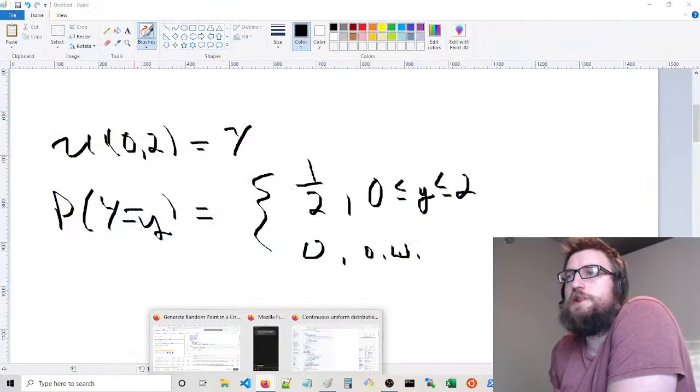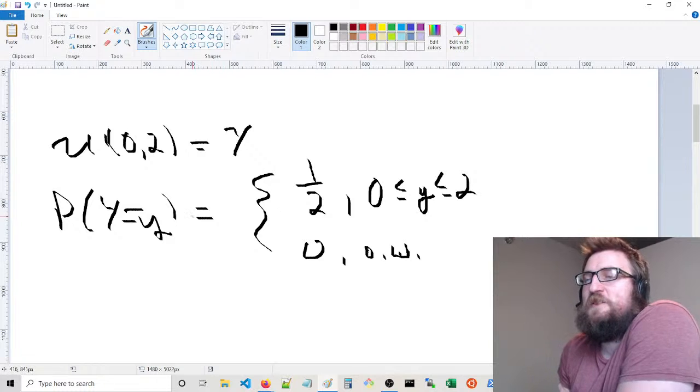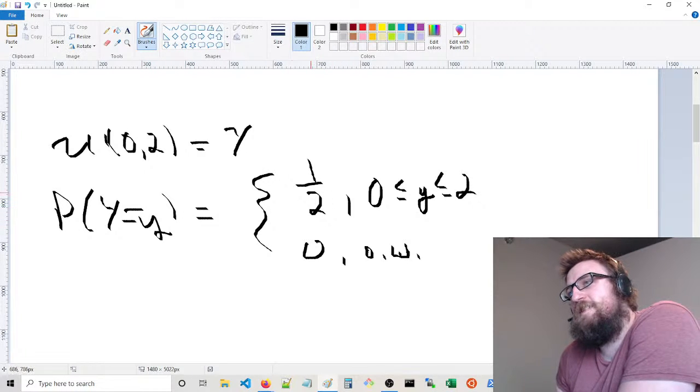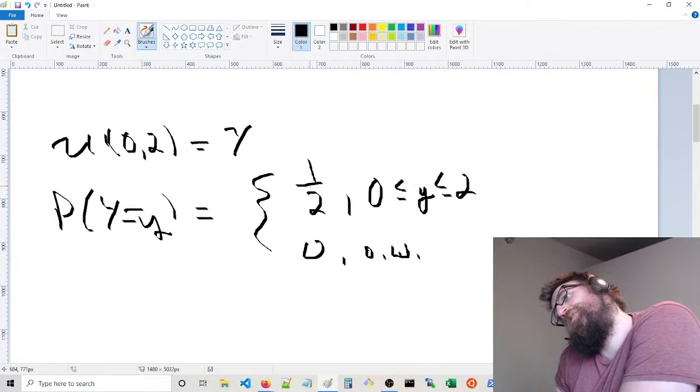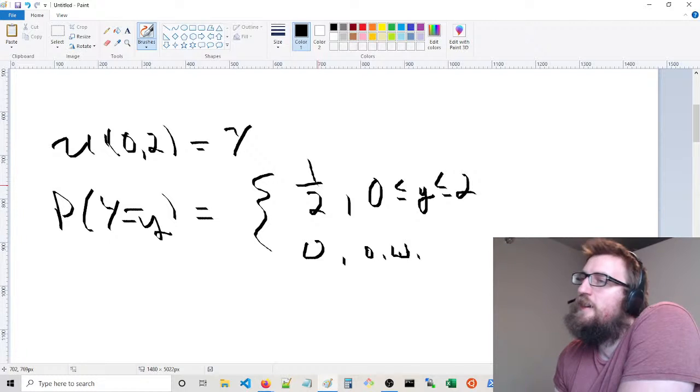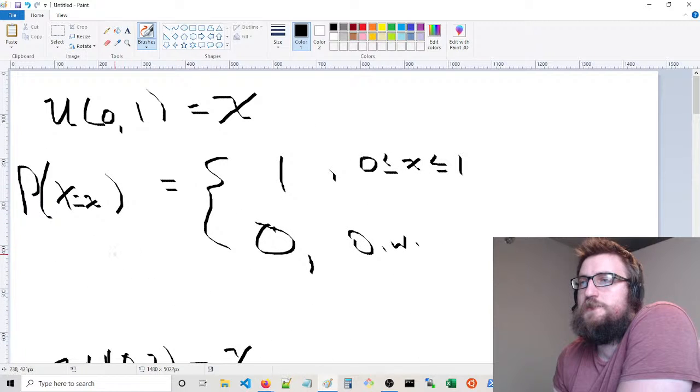Which is so confusing. How can the probability be half? Well, I think because the integral of this probability, dy, has got to be equal to 1. That's kind of the deal.